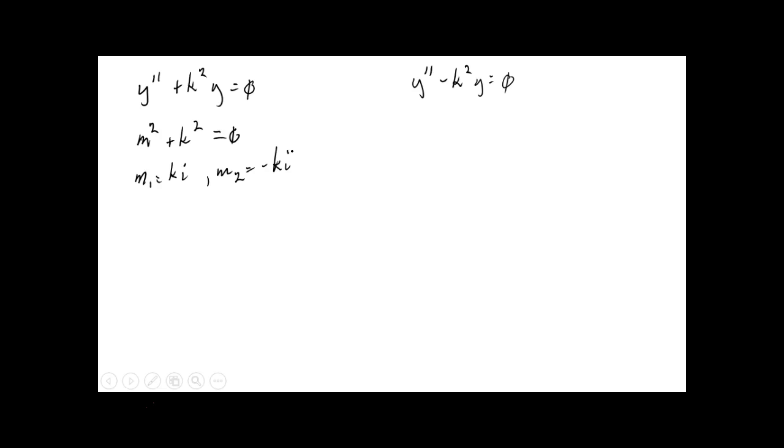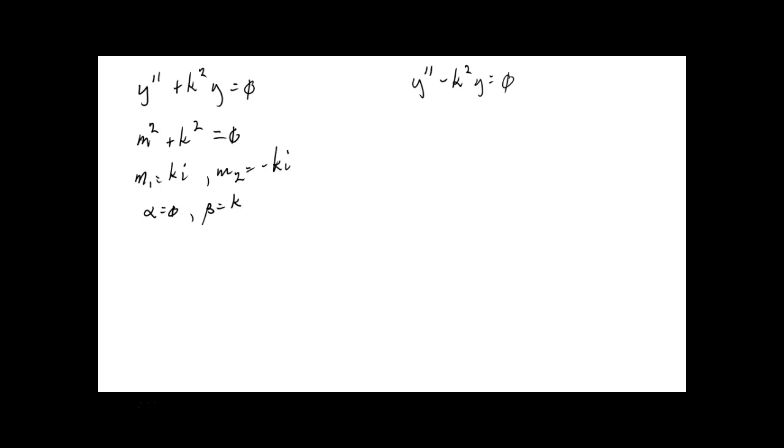Okay. So in this case, your alpha is equal to 0. There is no real component, and your beta is equal to k. Okay?